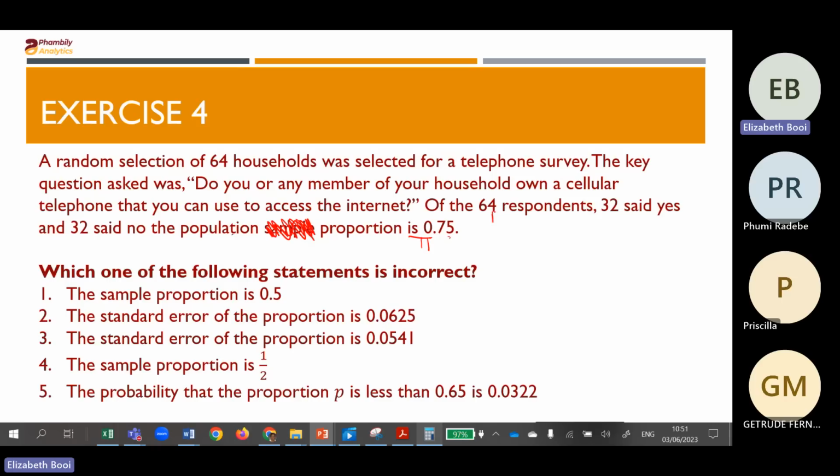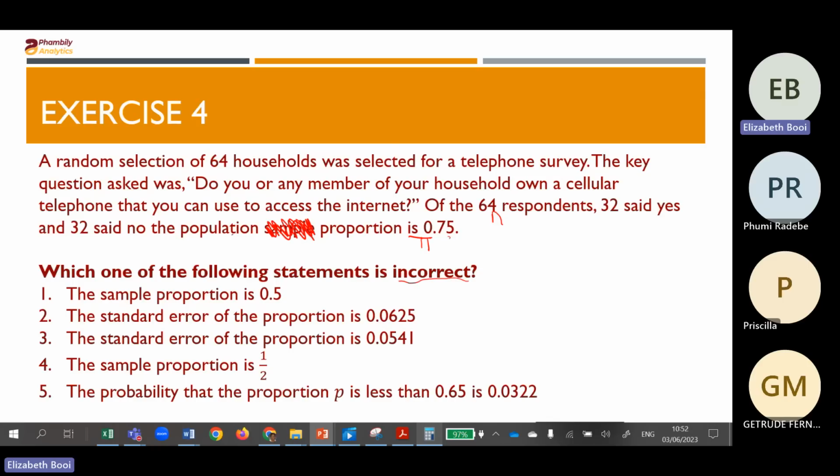And we are given our sample size, and we've got the observations, the yes and the no. If they ask you what is the sample proportion of those who answered yes, you use the yes as your x. If they say those who answered no, you use x as no. Okay, which one of the following statements is incorrect?